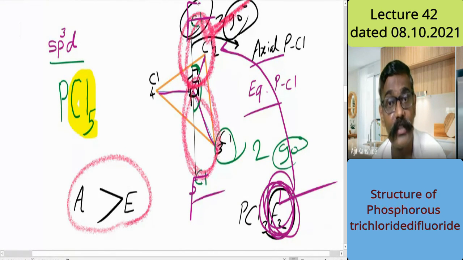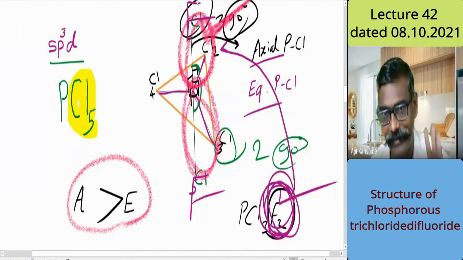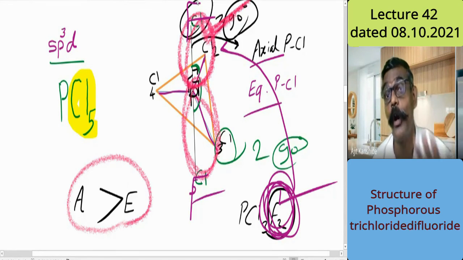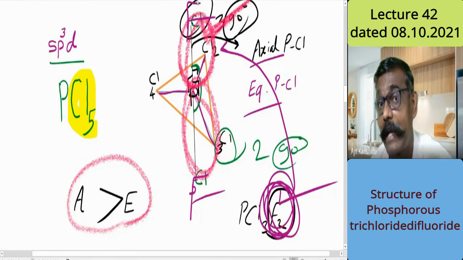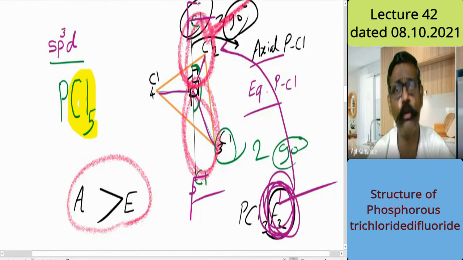The more electronegative species will prefer that position which has more P character, or which has less S character. That is the point I wanted to discuss in this lecture, but I am going to discuss it later on.